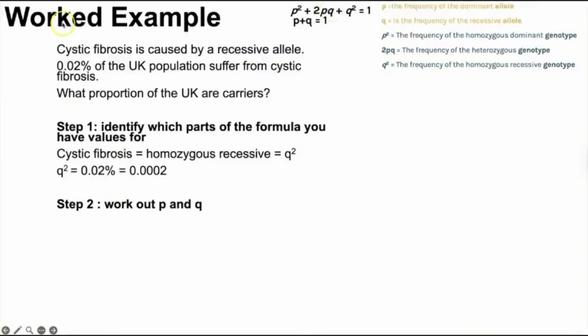And the strategy for Hardy-Weinberg is always work out which bit of the formula you have, then which bit you're trying to identify, and to do this, you then always need to work out what p and q are. So q, we know what q squared is, so if we square root that, we then get what q is. And now we've got q, we can use this formula to work out p. Rearrange it, 1 minus 0.014, this is what p is.